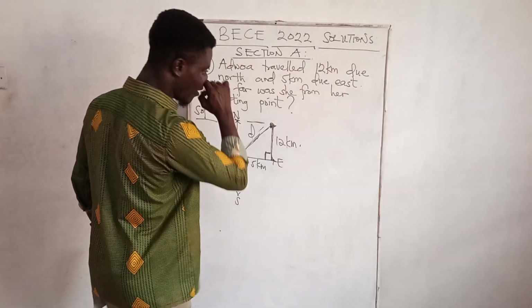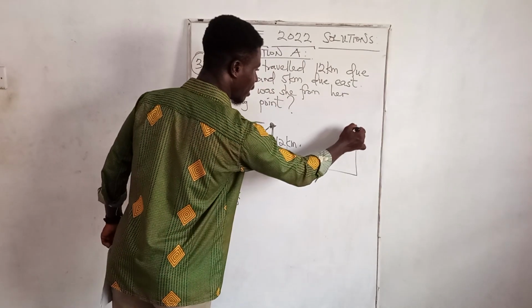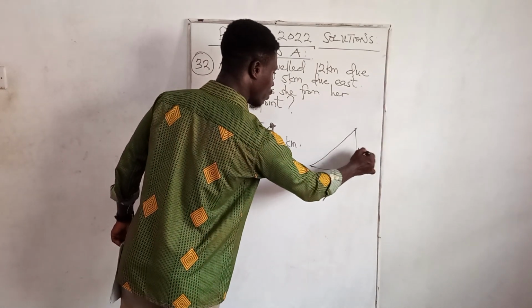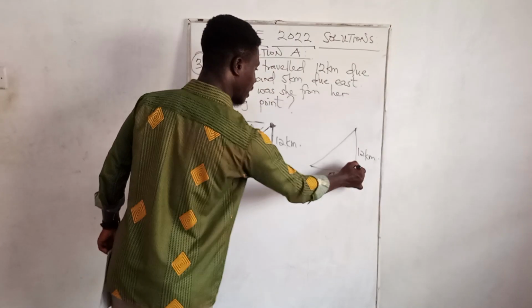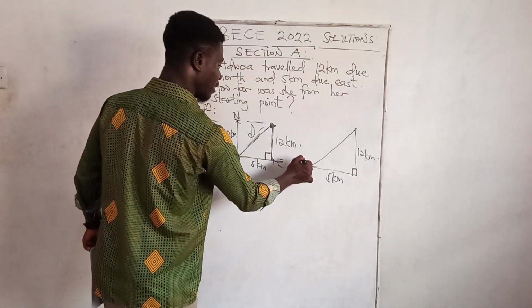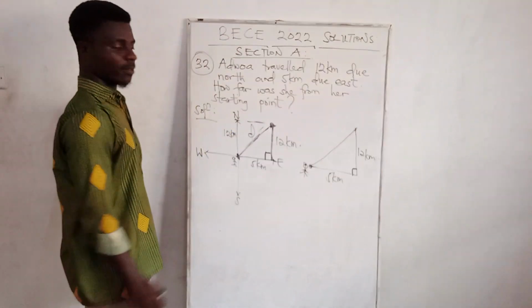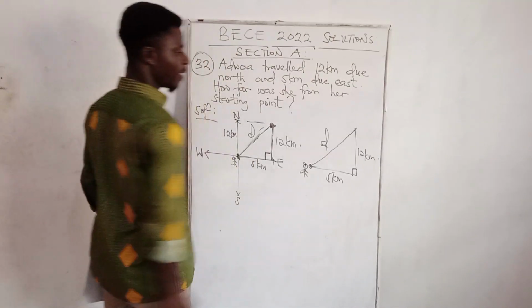Now I get my right angled triangle: 5 kilometers here, 12 kilometers there, then I have my 90 degrees. We are finding Adjoa's distance from the starting point to here.